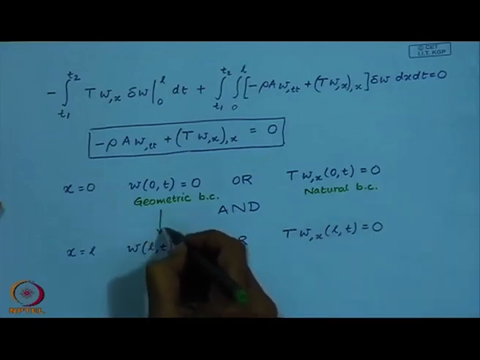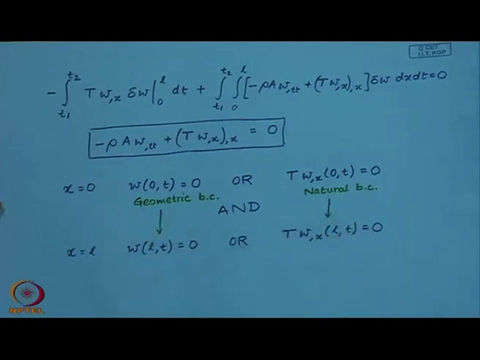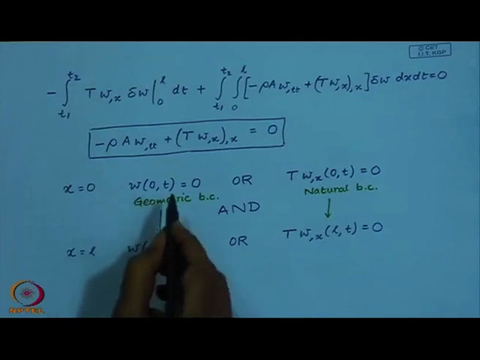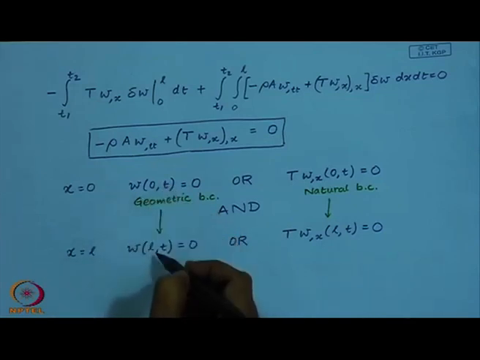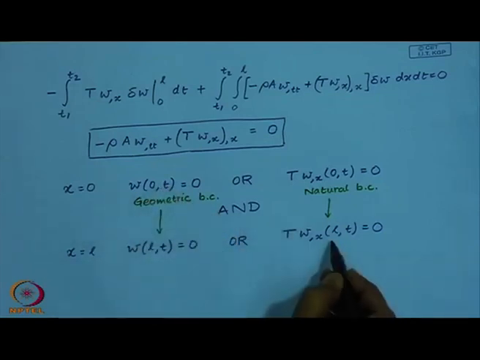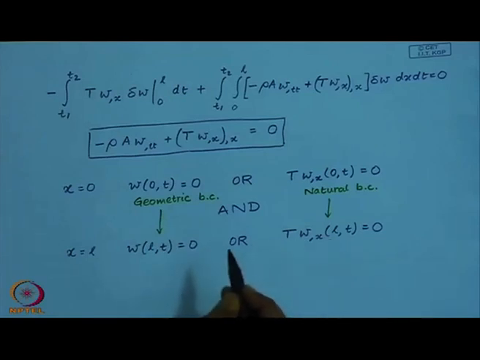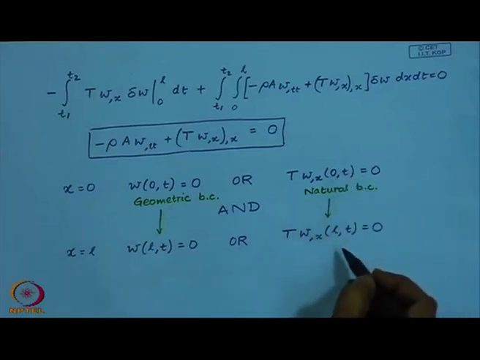And same thing here. So, what are the various possibilities? Possibilities are both ends of the string are fixed, or one end is fixed, one end is sliding, or both ends may be sliding.